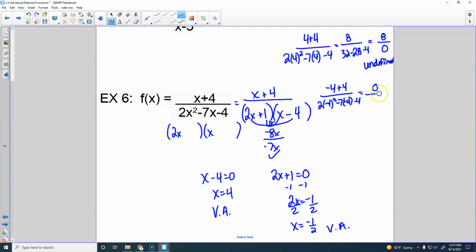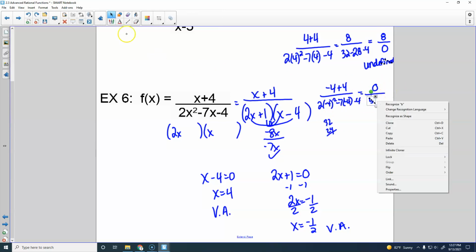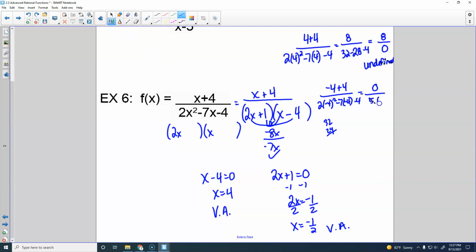You're going to get 0 on top, and on the bottom it's going to be 32 plus 28 minus 4, so 56. So 0 divided by 56 or something like that. What is 0 divided by any number? It's 0. That's a number. That's not undefined. Undefined is what gives us those discontinuities, and for undefined, the 0 has got to be on the bottom.